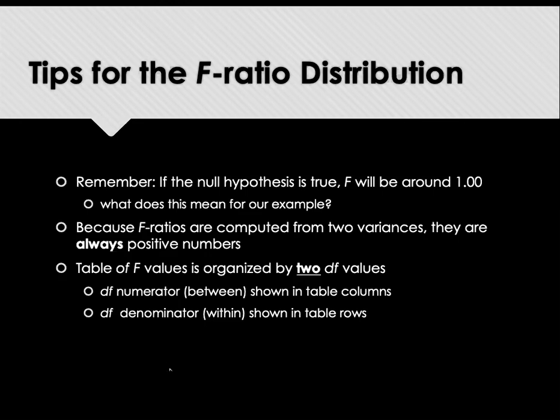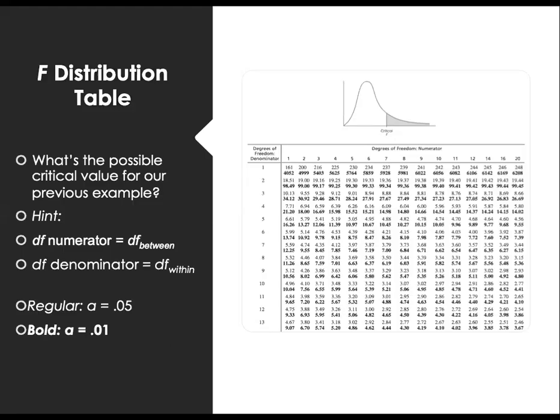When you're looking up an F critical value, you're going to look in the table in the back of the book, just like with the t. And in the table, you're going to need to know 2 degrees of freedom values: the degrees of freedom numerator and the degrees of freedom denominator. Let me show you what that looks like. Here is just a piece of the table from the back of your book.